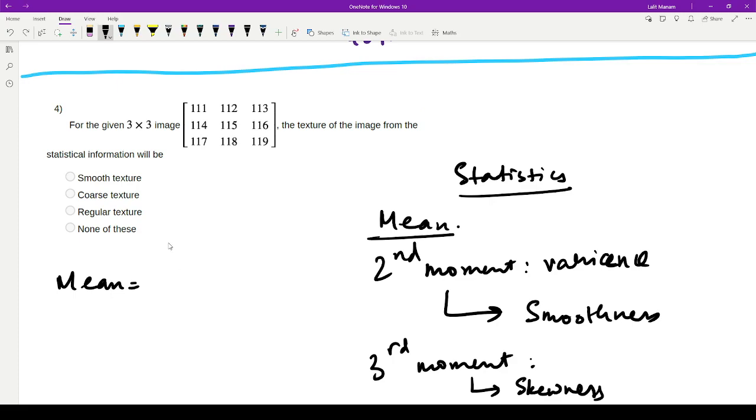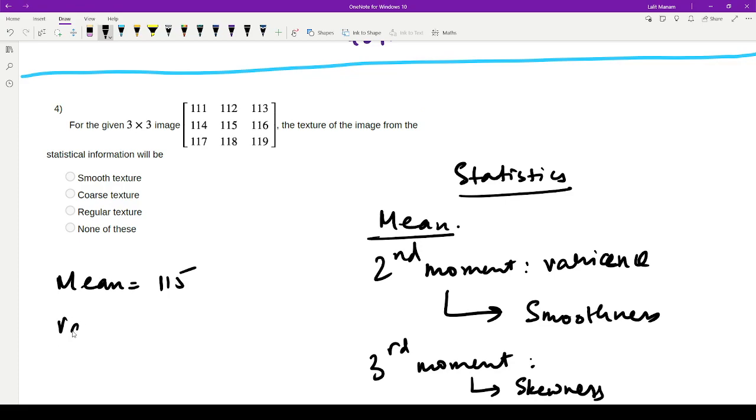Addition of the pixels divided by the number of pixels. Yes. Since we have such nice numbers, the values just continue from 101 to 119, right? So what should be the mean? 115. Yeah.